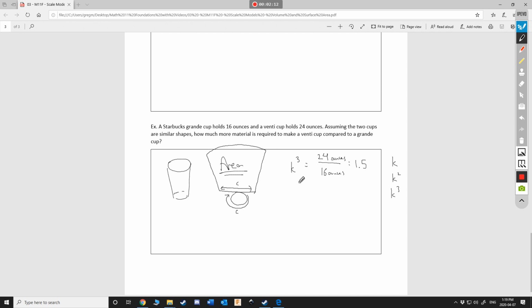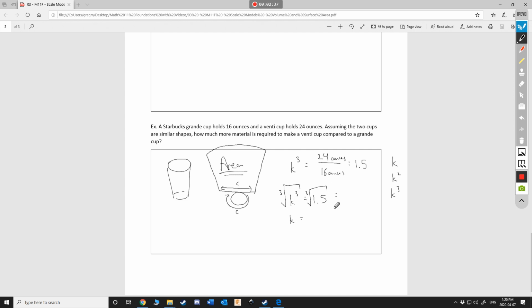What we're going to do is first cube root this value. We have k cubed equal to 1.5. If we cube root this, the cube cancels on that side, so k is equal to the cube root of 1.5.